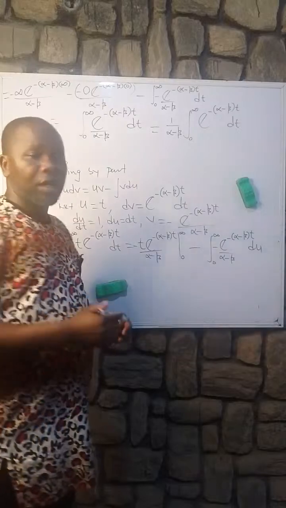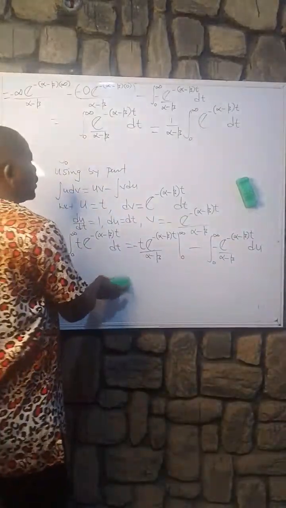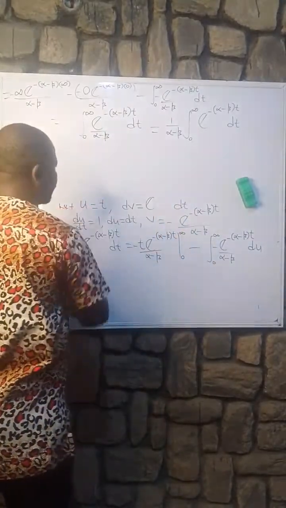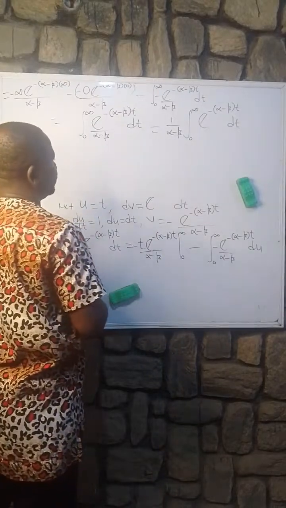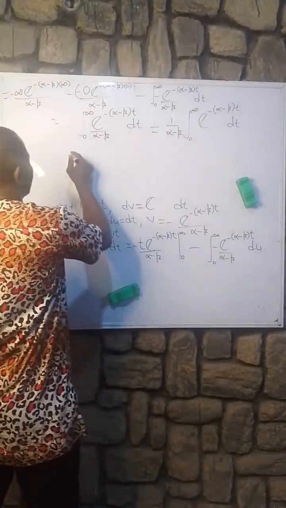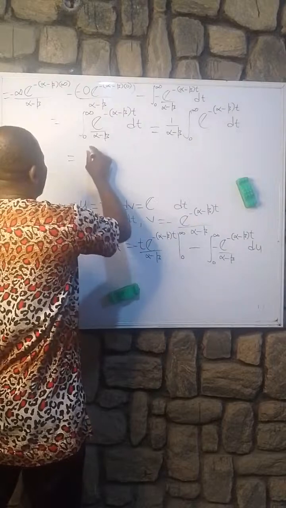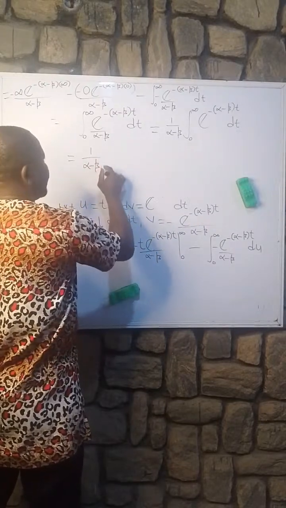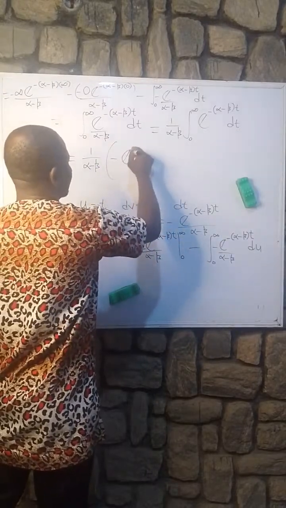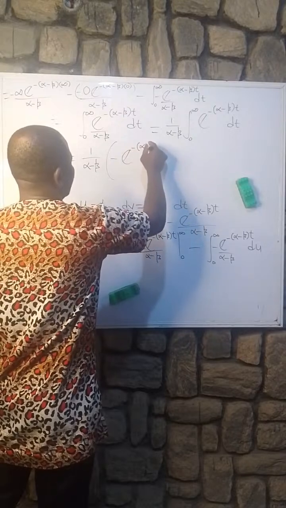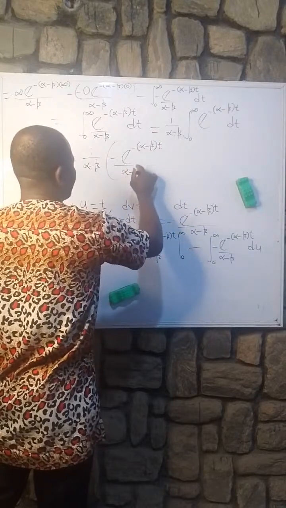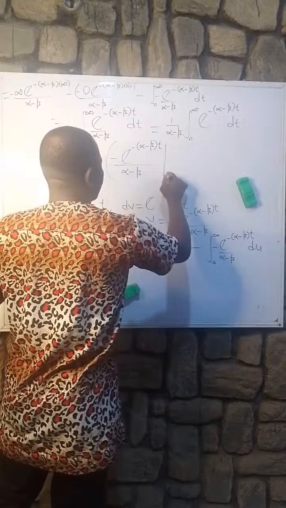Right? Are you following? Okay, so when we consider it this way, it means we have to integrate this function. When we integrate this function, we are going to have 1 all over alpha minus beta, two of us, then open bracket minus exponential minus open bracket alpha minus beta t, all over alpha minus beta, at 0 to what?